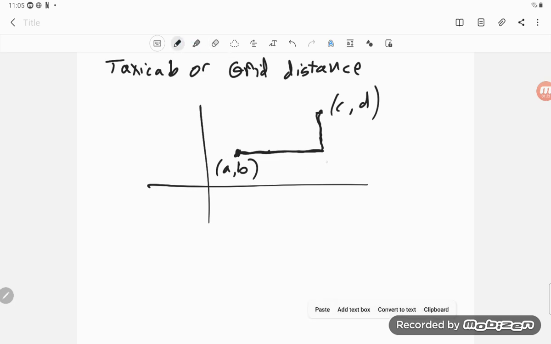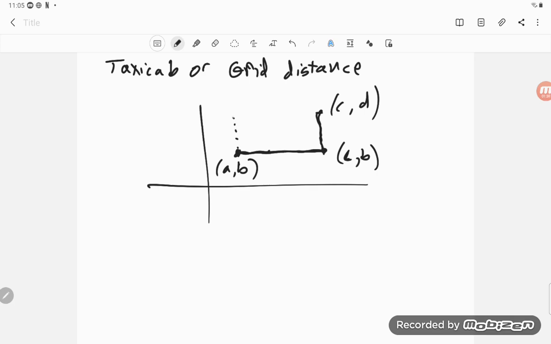And so, as I look at this, in this case, this point here is, well, it's over C and up B is that point.